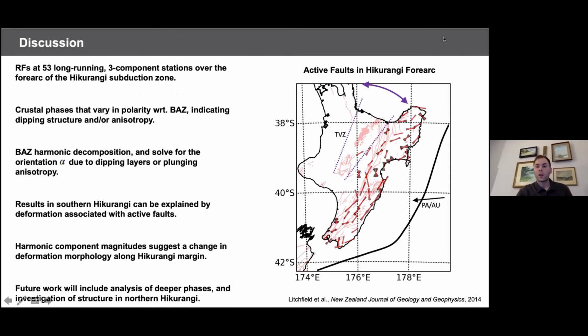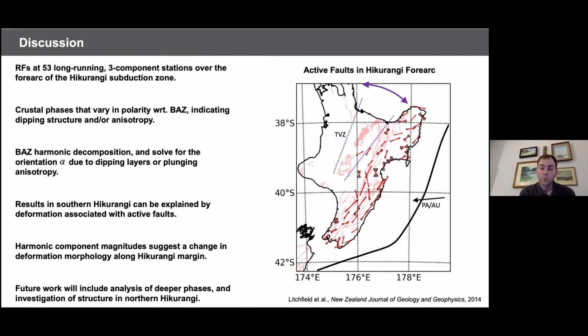So just to summarize, we calculate receiver functions at 53 long-running 3-component stations over the Hikurangi forearc, and we observe these phases at early arrival times at depths associated with the overriding plate, and they show this change in polarity as a function of back azimuth, so where the earthquake occurred.